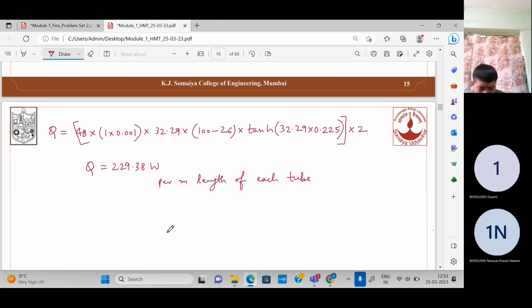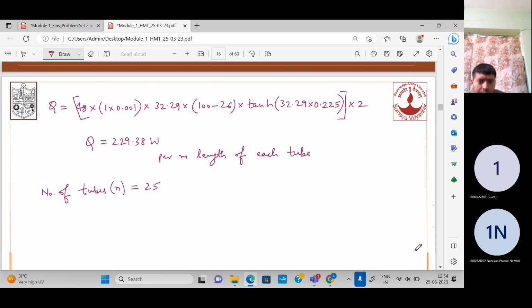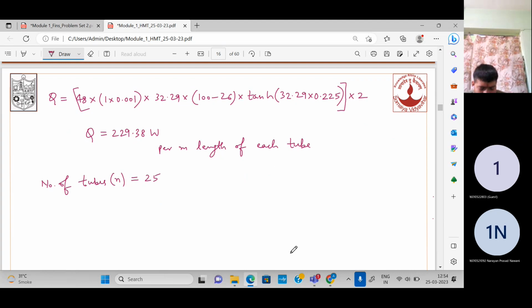So for the second one, the number of tubes, small n, is given as 25.